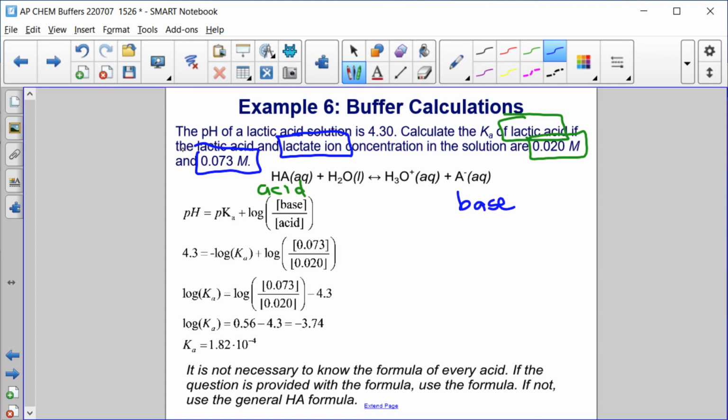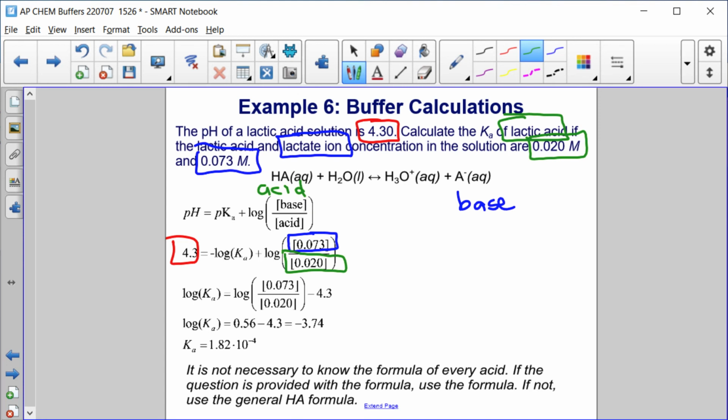So using the Henderson-Hasselbalch equation, we're going to solve for Ka. We know that pH is 4.30 equals the pKa, or the minus log of the Ka, plus the log of the base, which is the lactate, over the acid, which is the lactic acid concentrations. And then from here, we just have to solve.